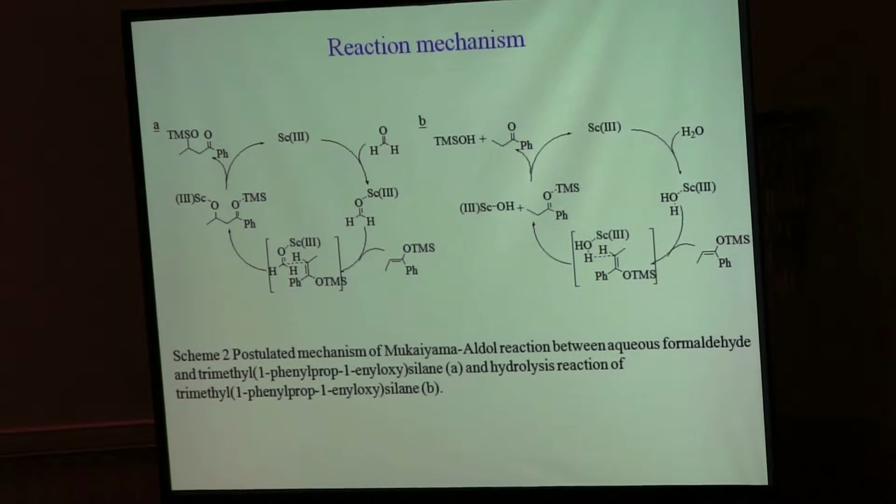It will concentrate the hydrophilic formaldehyde and the hydrophobic silyl enol ether together, and get a very high conversion and selectivity. The homogeneous catalyst could not get these two different reactants to interact efficiently.